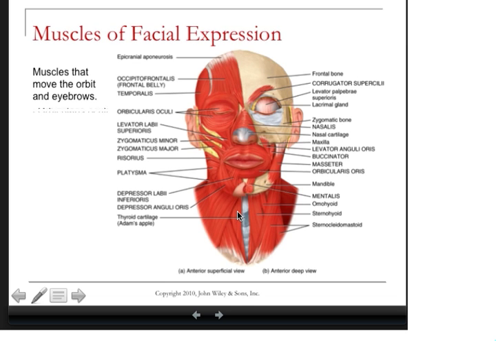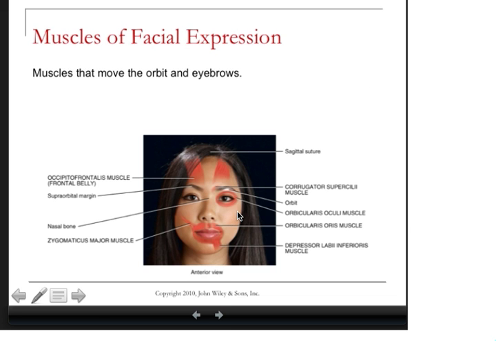Muscles that move the orbit and the eyebrows include the orbicularis oculi and the corrugator supercilii, which is your frowner, and the frontalis. It's shown here. There's the orbicularis oculi, there's the corrugator supercilii, there's the frontalis right there. There's the orbicularis oris, right, and the depressor labii inferioris, and there is the zygomaticus major.